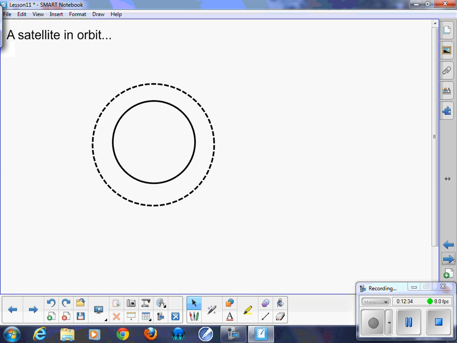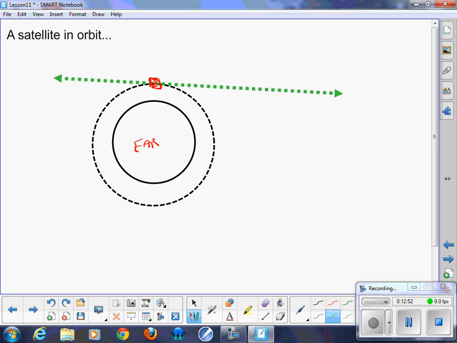Now, I do talk about a satellite in orbit, and we talk a little bit later on in more detail about the gravitational potential. But just quickly going through it here, we're talking about a satellite. It's always tangential that the satellite wants to travel. So if our satellite is right here as it's orbiting Earth, at every point in time, its velocity is tangential to its orbit.